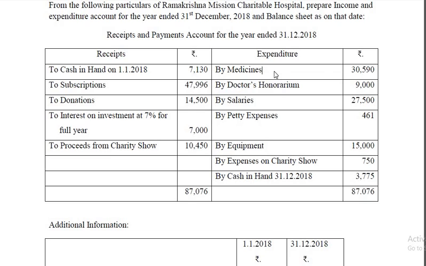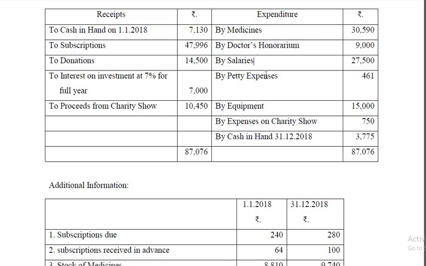Come to medicines, I already told you regarding medicines, opening balance, add additions, add outstanding value at the end of the year, minus creditors for medicines at the end of the previous year, then closing stock. So you get medicines consumed during the year. Doctor's honorarium to be debited, salaries, petty expenses, these are to be debited to income and expenditure account.